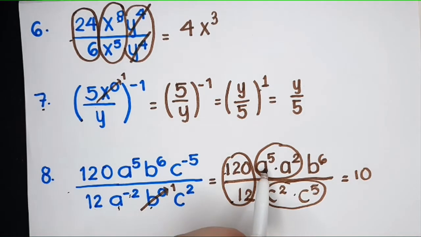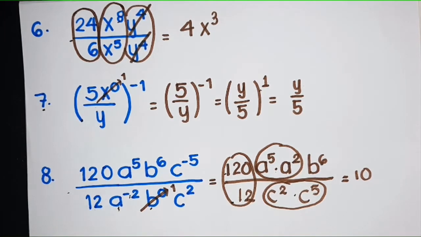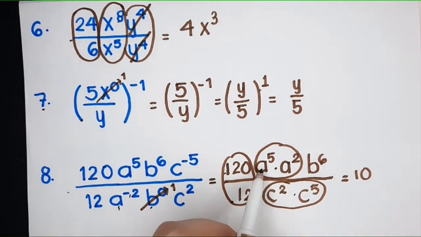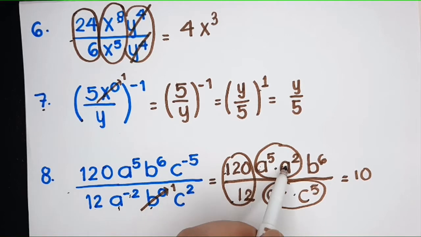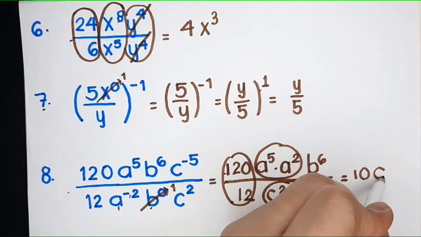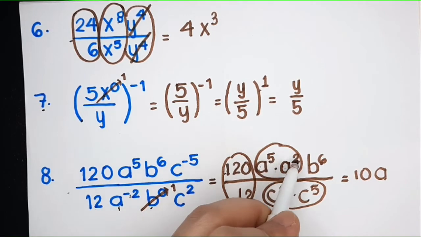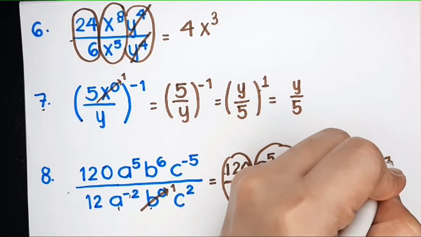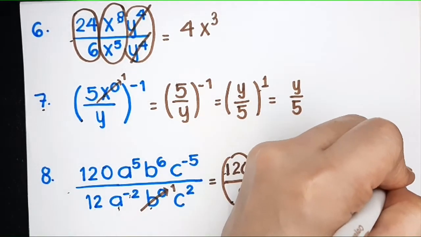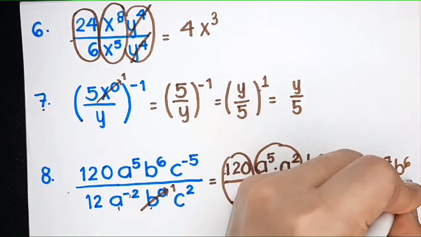Okay? What is A raised to 5 times A raised to 2? Okay, if you recall a law of exponent, all you have to do is you copy the base, so you copy A, and then you add the exponents. So it's 5 plus 2, you have 7. Okay? And then let's copy b raised to 6.